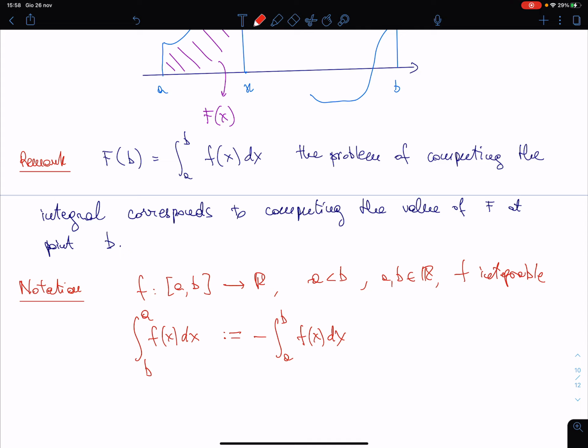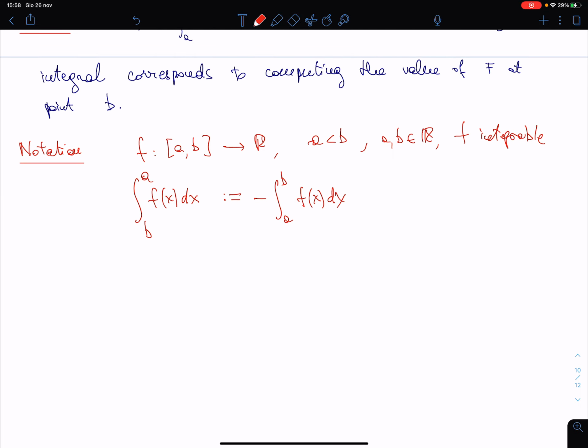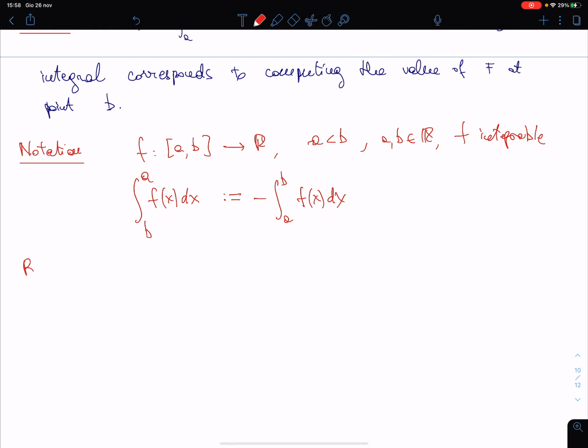In the context of analysis 1, this is just a definition. In a more advanced context, it is a particular case of a more general rule that is more justified. For us, it is just a definition. And it is quite comfortable as a notation, as a definition, because we can remark the following fact.